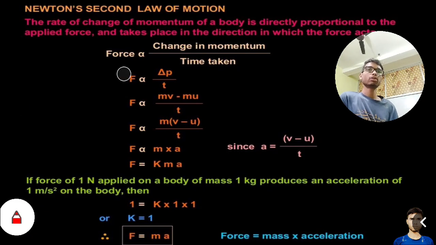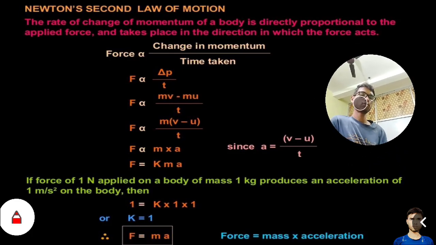Now we have Newton's second law of motion. The rate of change of momentum of a body is directly proportional to the applied force. F is equal to ma, mass times acceleration.